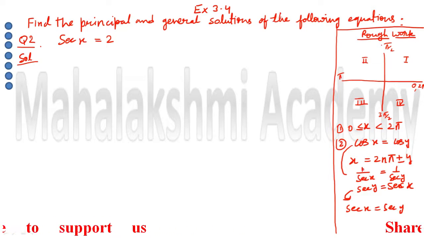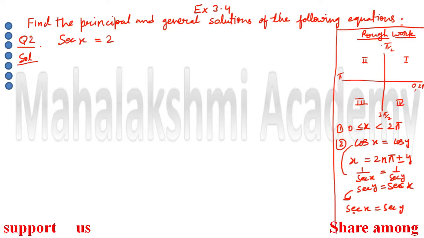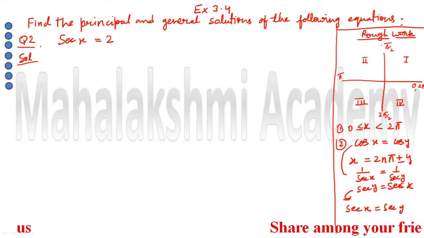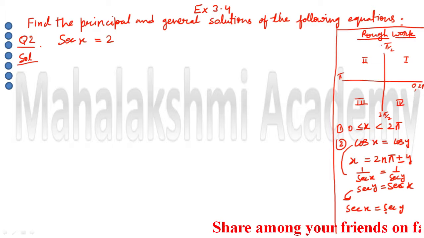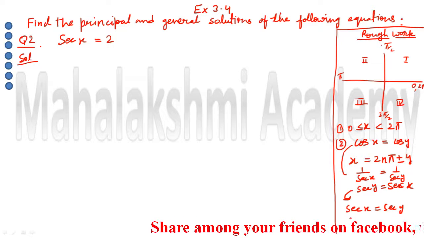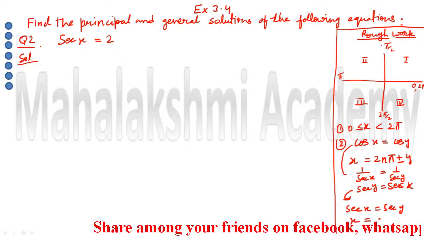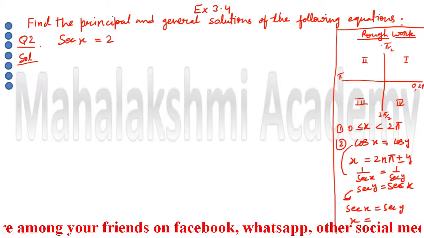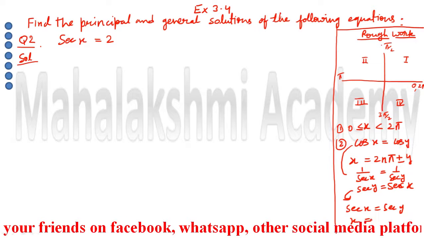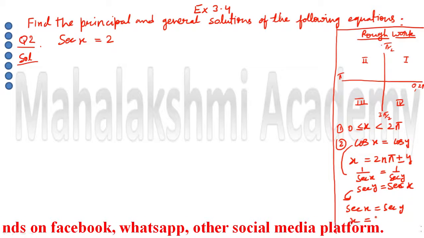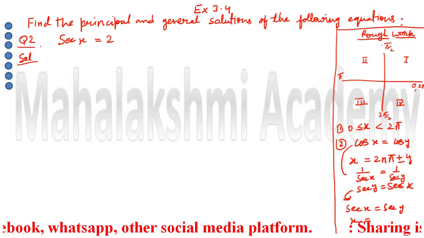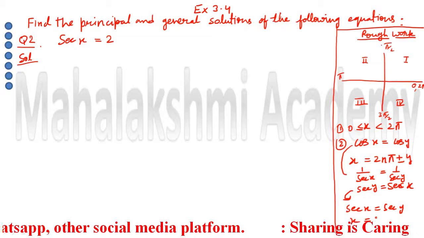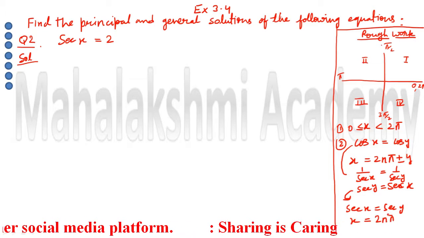So the conclusion is, if we get an equation of sec x is equal to sec y, the general solution is going to be the same as the general solution of the equation in which we have cos x is equal to cos y. So the same formula we write down for this equation also, that x is equal to 2n pi plus minus y.